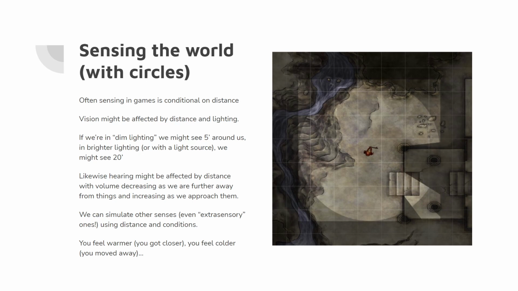You can do things like say, oh, okay, dim lighting at 5 feet, or bright lighting up to 10 feet, dim lighting at 20 feet. You know, if you've ever played a lot of games, they have situations like that. Or you might even, it doesn't have to be about sight either. You might say, oh, okay, I can hear things within a certain range. I can smell things within a certain range. Right? This is the basics of kind of setting up sensory inputs to this. All right, we define what is their range, and then ultimately what information we're going to tell them.